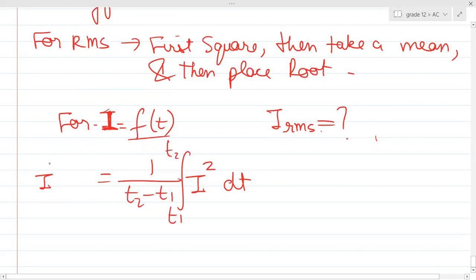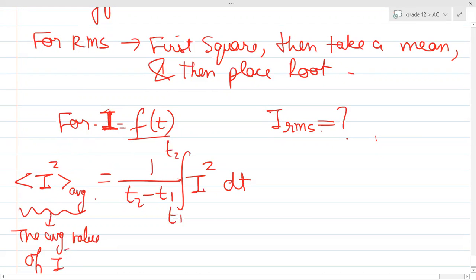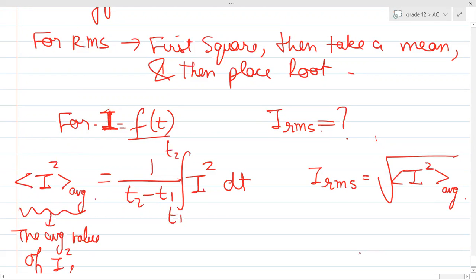So this means the average value of the function I square. After this, I RMS is the root of this average value of I square.